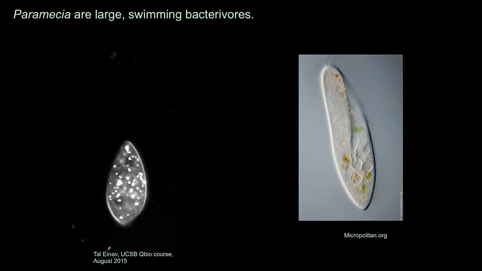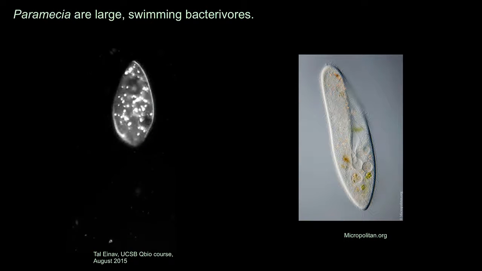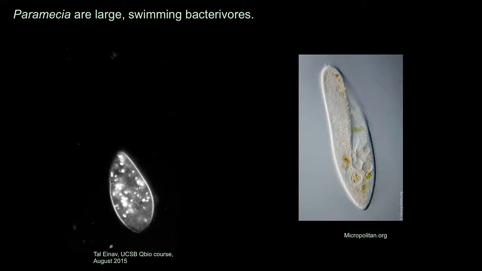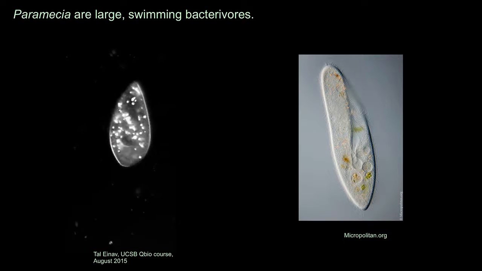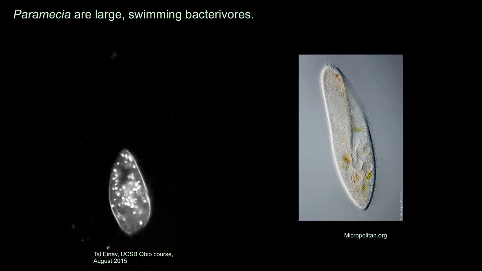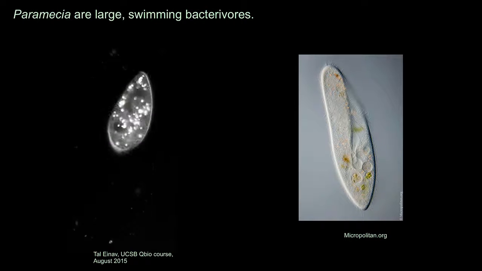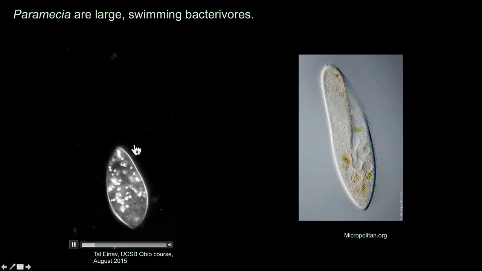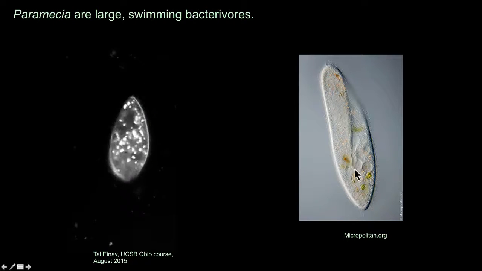So Paramecia, as you probably all know, are large swimming bacterivores. And I know Ron said that ciliates are sensory cells. I think ciliates are basically phagocytes. I think of them as eaters. They are very efficient at taking up and eating bacteria. Here you can see the phagocytic pathway better.